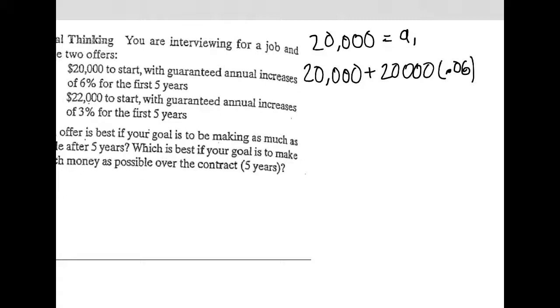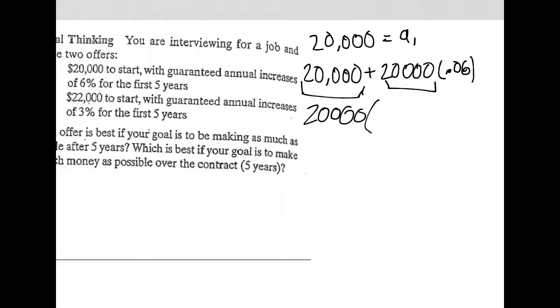I'm only doing this to show a point that was confusing some people, so I want to clear that up here. Notice we have 2 terms here. 20,000 is our first term, and 20,000 times 0.06 is our second term. Both of these terms have that 20,000 in common, which means I can factor that 20,000 out of those terms.